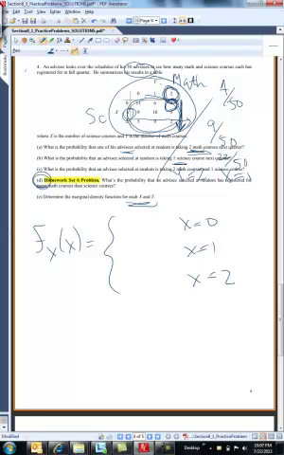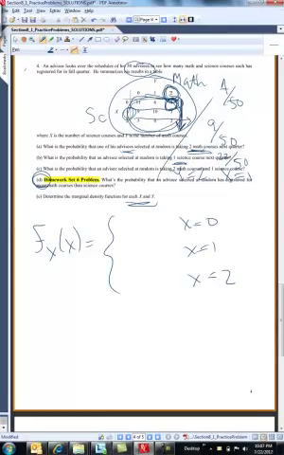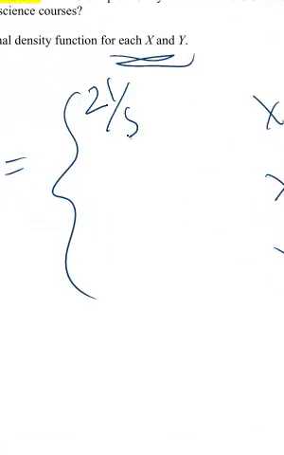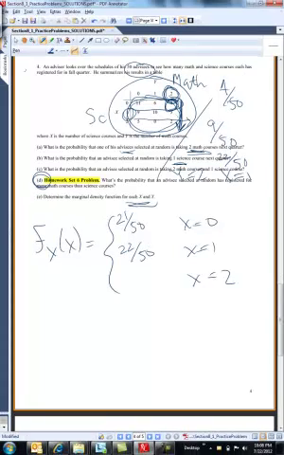So when x equals 0, I sum across my y's. So this is 21 over 50. When x is equal to 1, I sum over my y's. So this is 22 over 50. And the last one, this is 7 over 50.